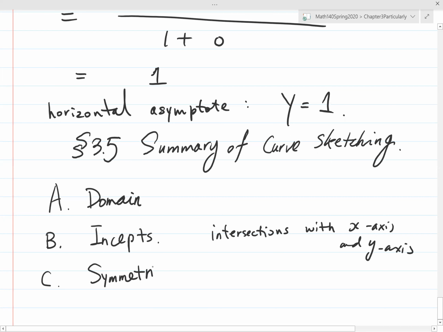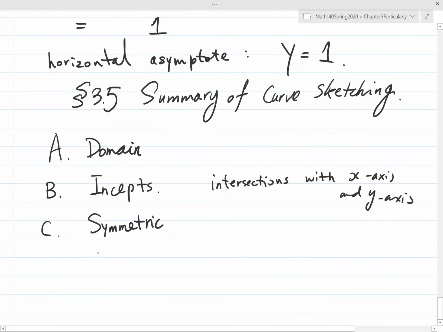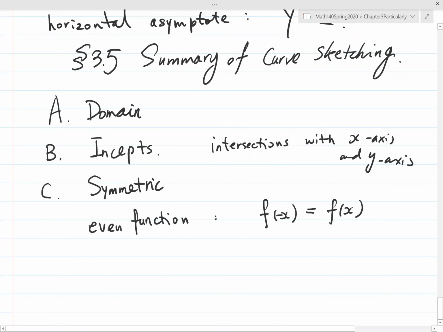Using symmetry, we can reduce work. For instance, suppose we have an even function. An even function is a function that satisfies f of negative x equals f of x for all x in the domain of f, i.e. the function values are the same if you plug in x or negative x.